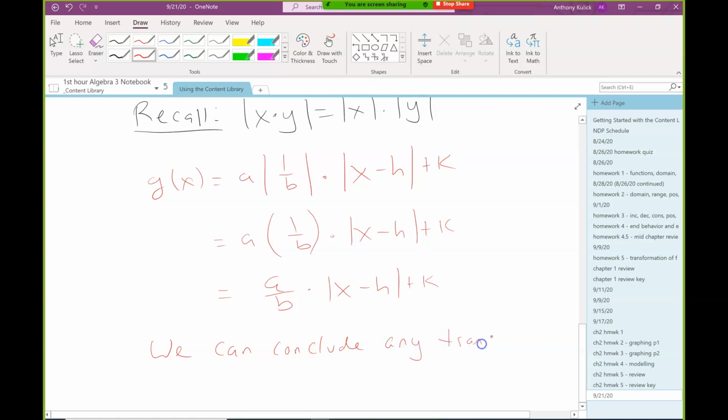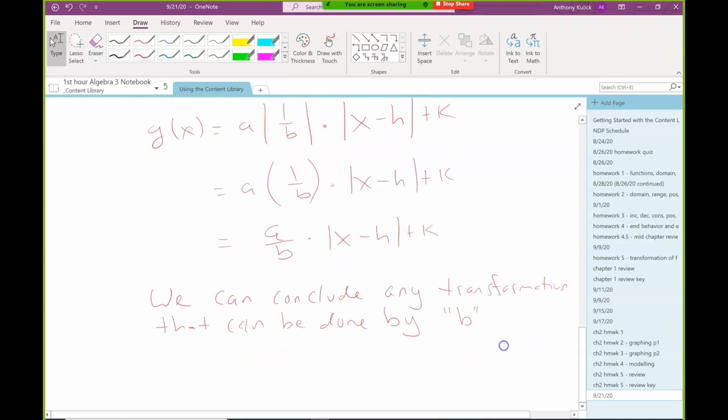So what we conclude here is any transformation that can be done by the b coefficient can also be done by the a coefficient.